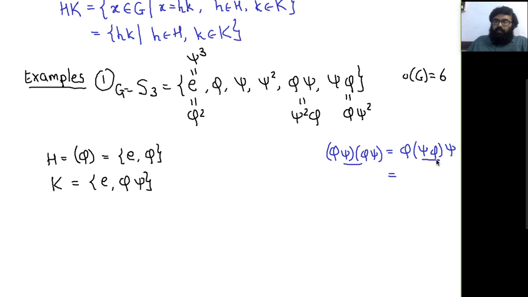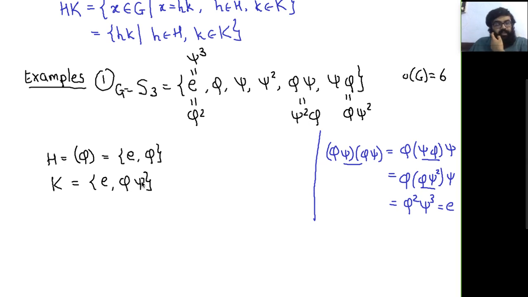Now psi phi is nothing but phi psi square, so this is phi psi square and psi, which is phi square psi cube, which is identity. Phi square is identity, psi cube is identity. So this is an element of order 2, just like phi.